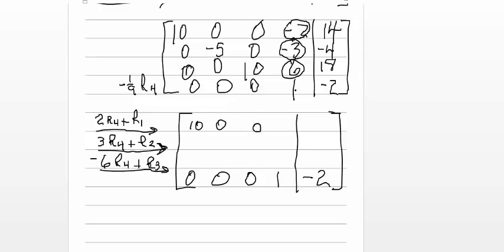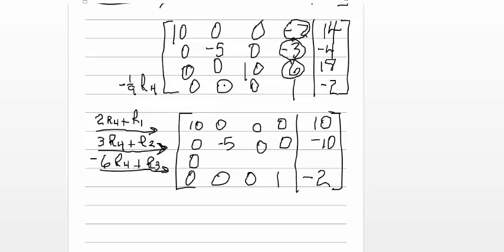So 2 times row 4 plus row 1 gives me a new row 1 of 10, 0, 0, 0, 10. 3 times row 4 plus row 2 gives me 0, negative 5, 0, 0, negative 10.